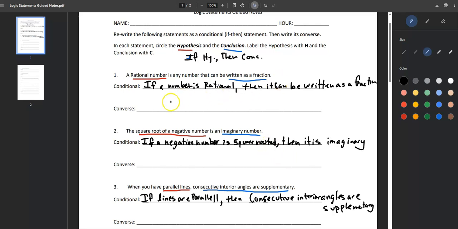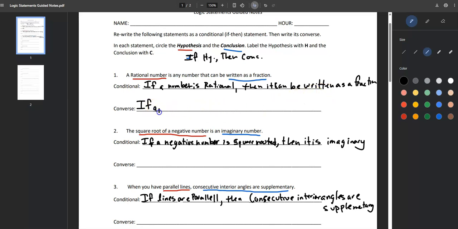Okay, so let's talk about this converse part. The converse is just to flip the hypothesis and conclusion around. And sometimes we get sentences that are true, and sometimes we get sentences that are not true. Right now, we're just focusing on writing them. And then when we get into our proofs, we're going to actually use correct and true statements every single time. Okay? So if I look at this first sentence, I still have an if-then statement. I'm going to take the conclusion of this conditional statement.